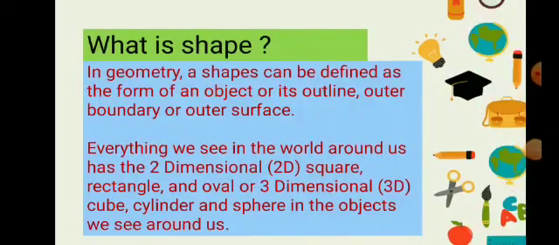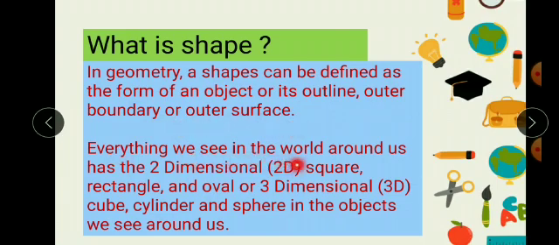Okay children, so first I'm going to tell you what a shape is. In geometry, a shape can be defined as the form of an object or its outline, outer boundary or outer surface.